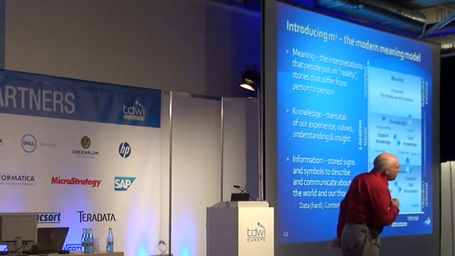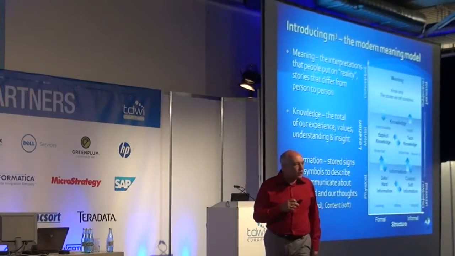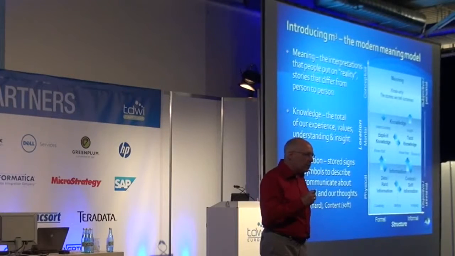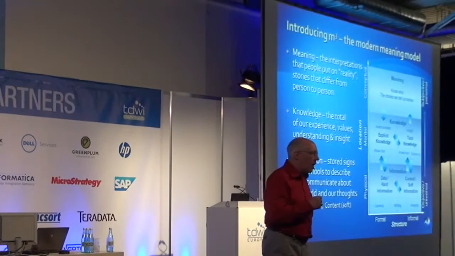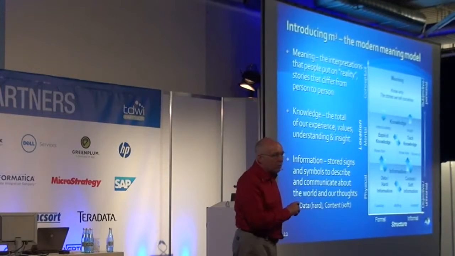So that's a new thought, a new way of looking perhaps at information, knowledge, and meaning. And something that we can begin to perhaps create an architecture. Because down here we're talking about data warehousing, but up here we're talking about what goes on in people's heads.